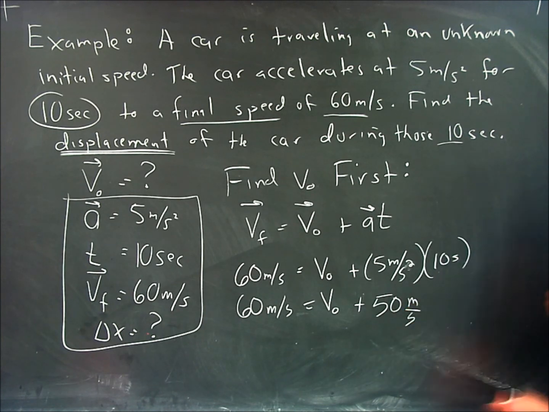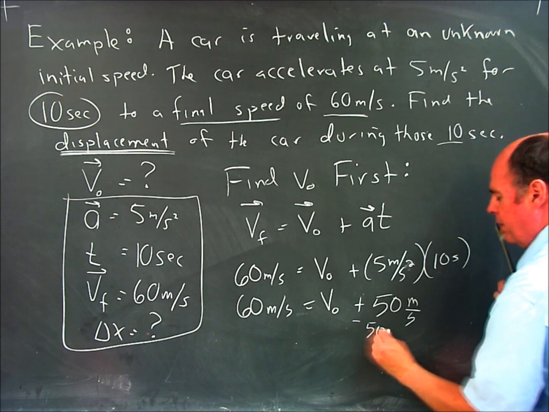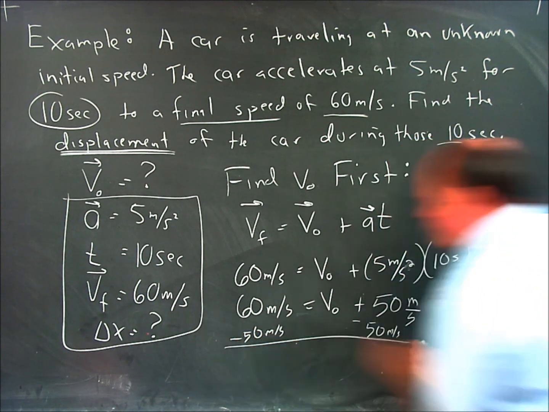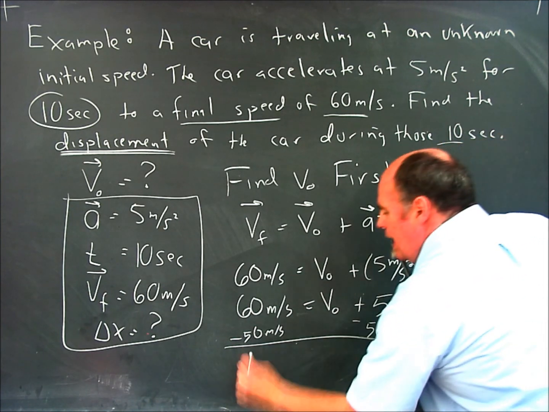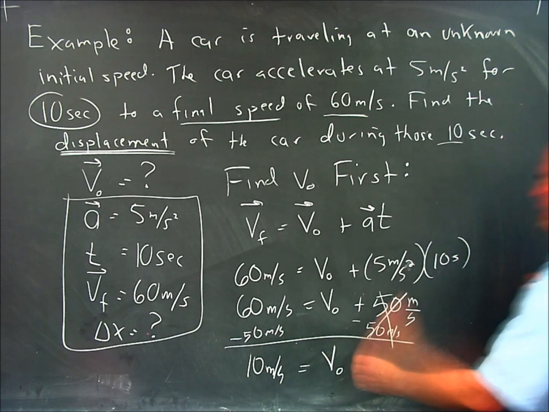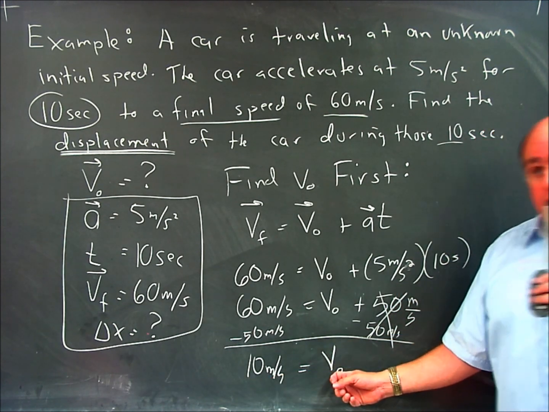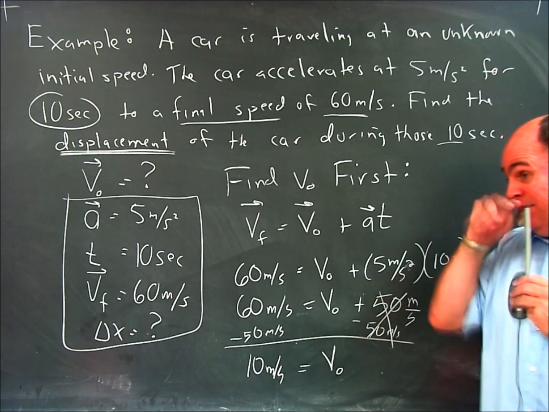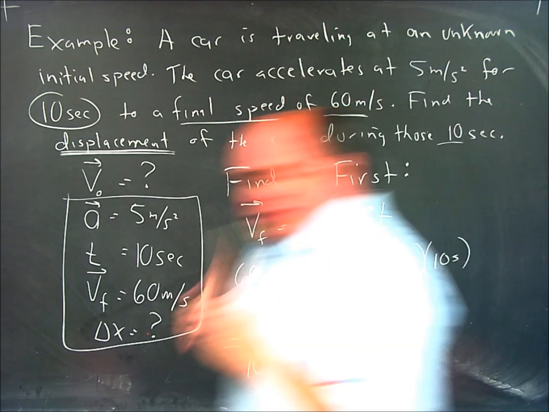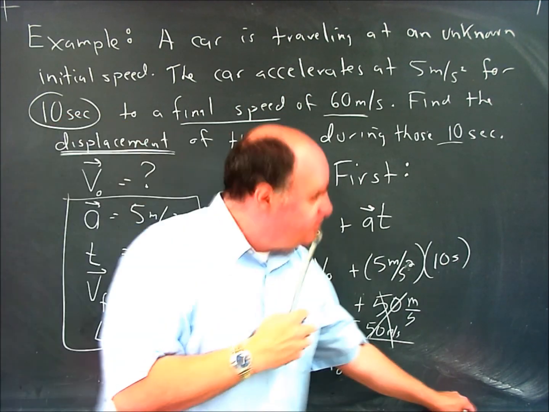If I subtract 50 from both sides, I end up with 10 meters per second equals V initial. So 10 meters per second is my starting speed. You see, I can't solve the problem the way it's written. I have to find something first. So let me change this.